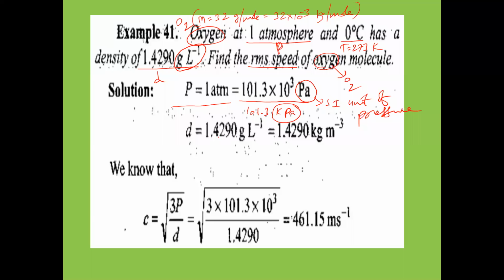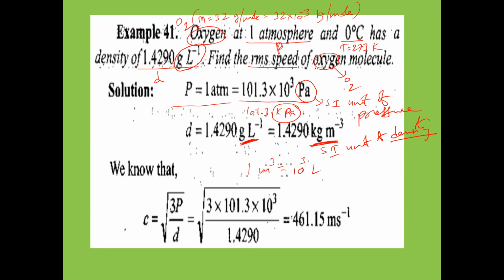Like this. Next, density is given here in gram per liter, but we have to convert into kilogram per meter cube, the SI unit of density. So gram into kilogram, liter into meter cube. We have to convert. 1 meter cube is equal to 10 power 3 liters.